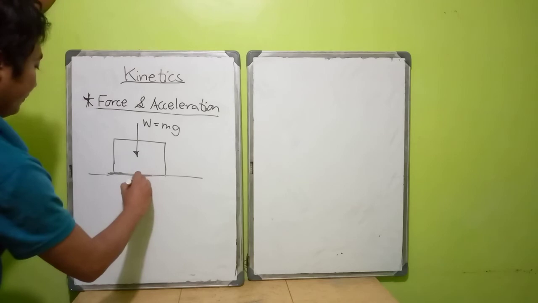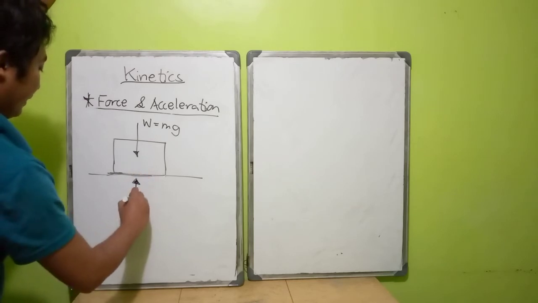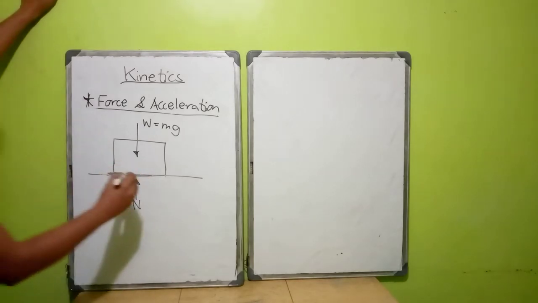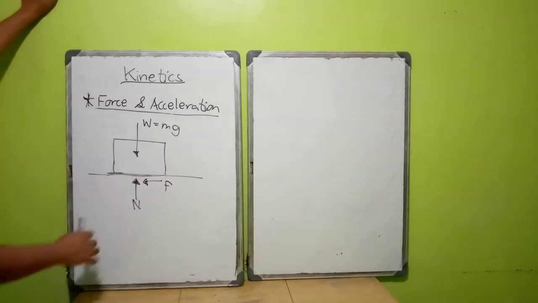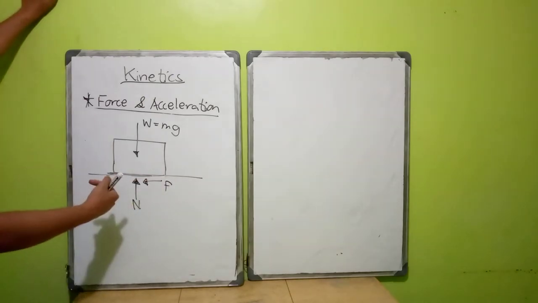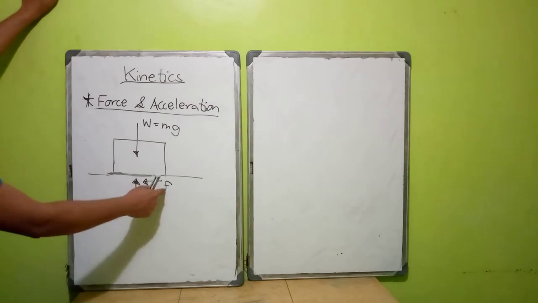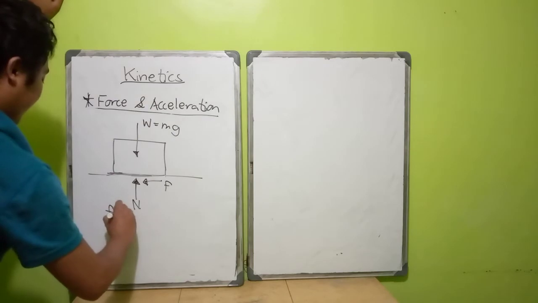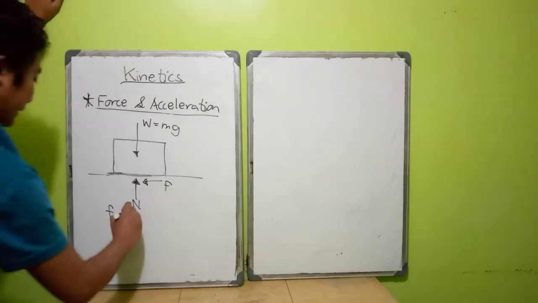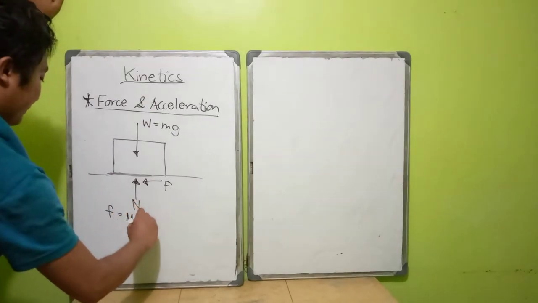It could be the normal force and the friction force. And there is a direct relationship between this friction force and this normal force, in which your friction force is equivalent to mu times N.